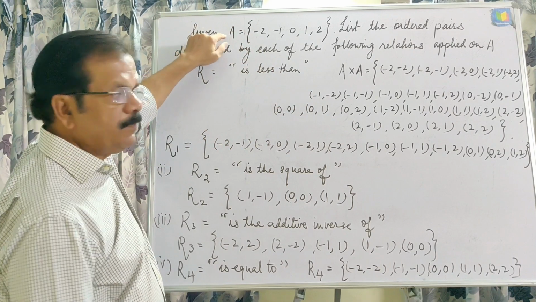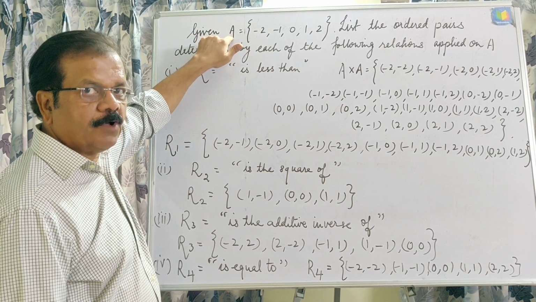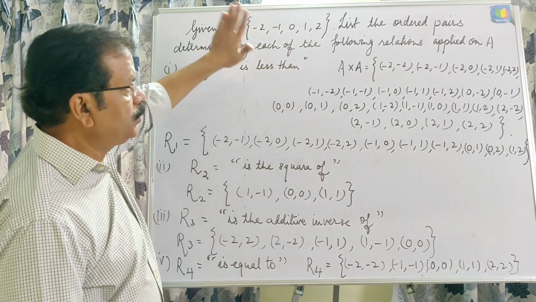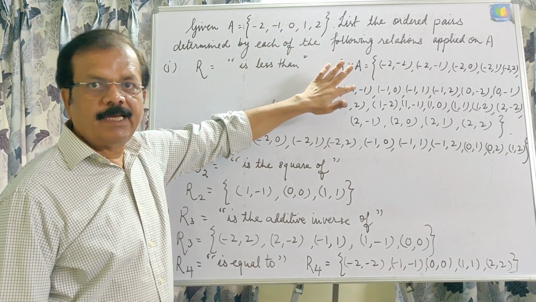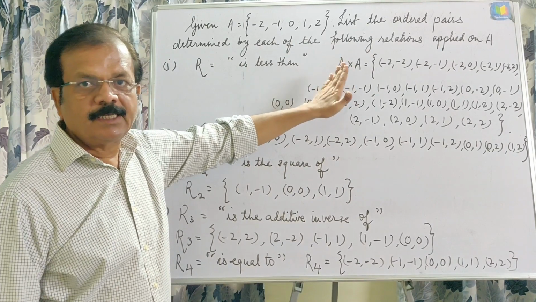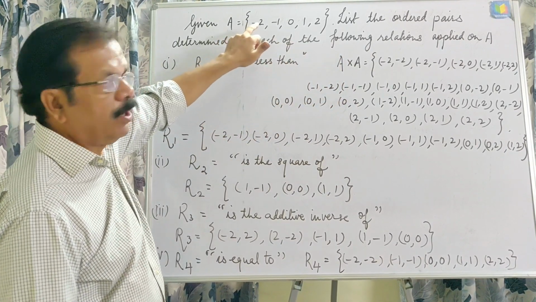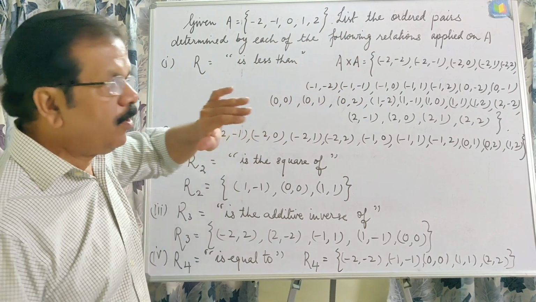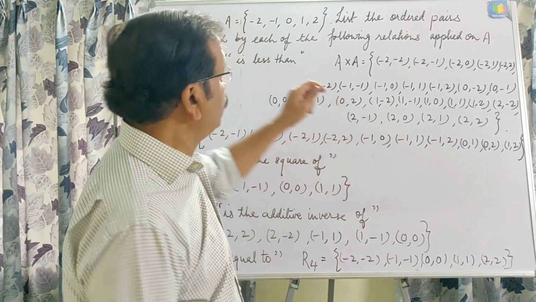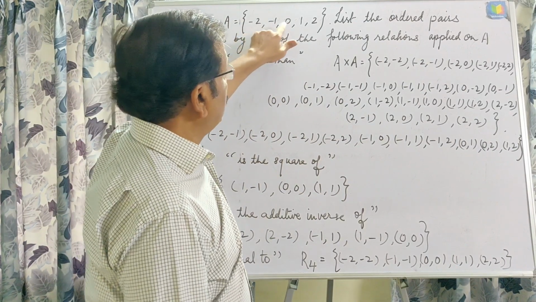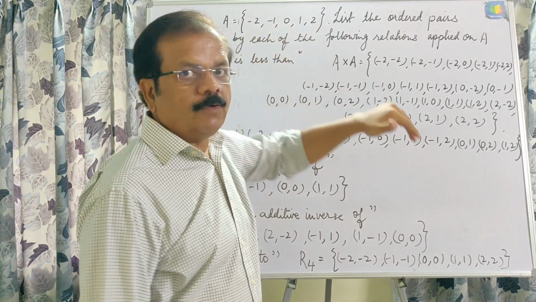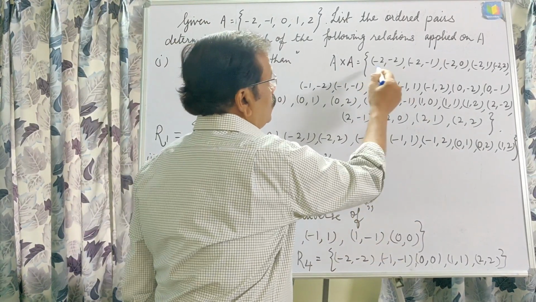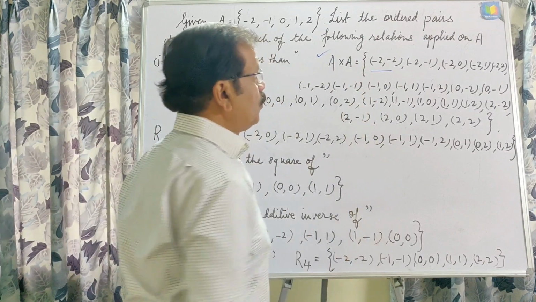Since in this question we have to determine relations from A to A, first of all, for the safer side, we should write A cross A, that is the Cartesian product of all the elements of A with itself, that is all possible ordered pairs of -2, -1, 0, 1 and 2 with itself, and that is why -2, -2 here is the Cartesian product.